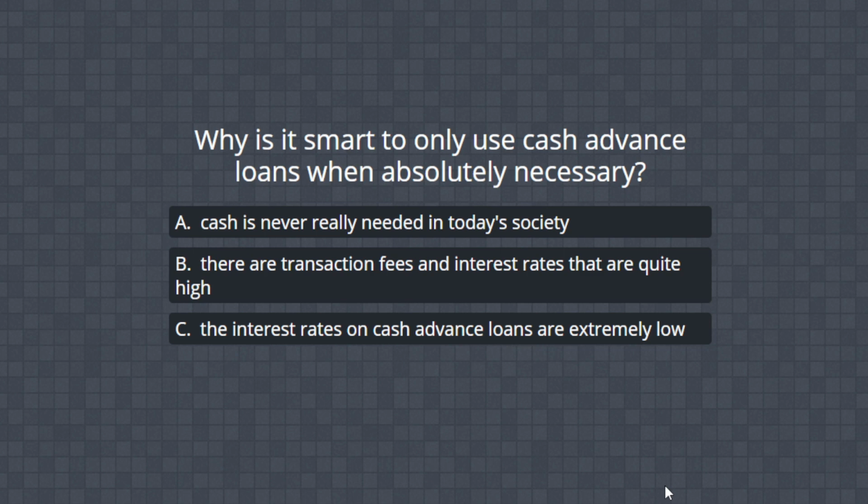You don't want that. C, the interest rates on cash advance loans are extremely low? Well, they are very high. If they were low, then why shouldn't we use a cash advance loan instead of a payday loan? So for me, I would choose B.